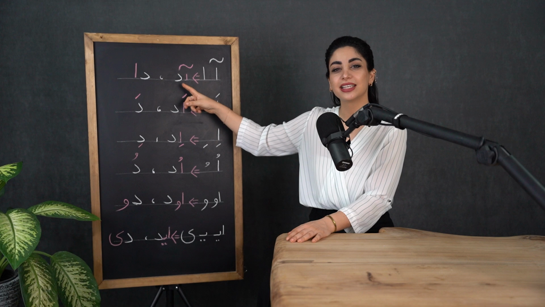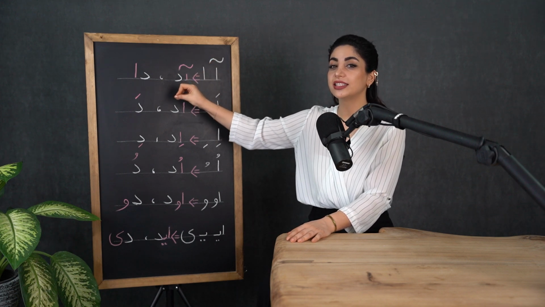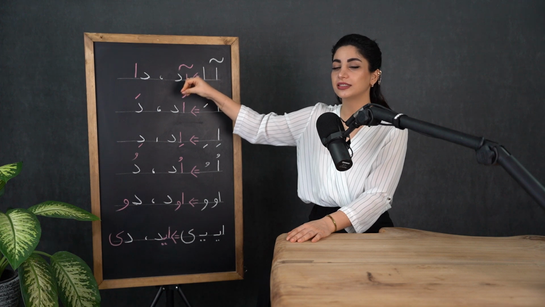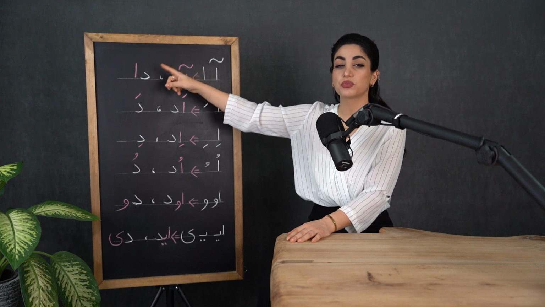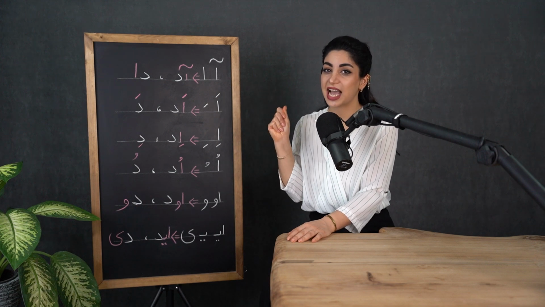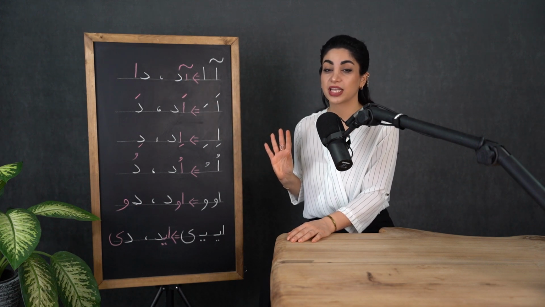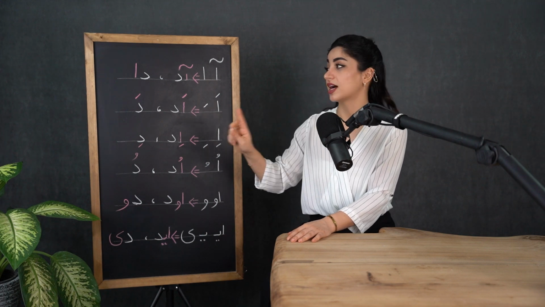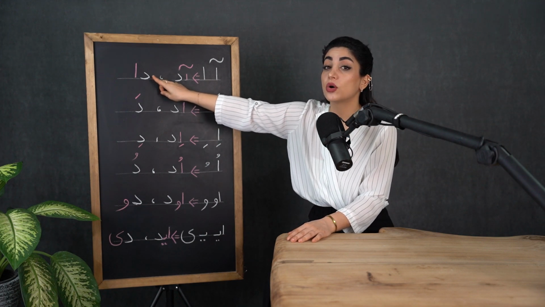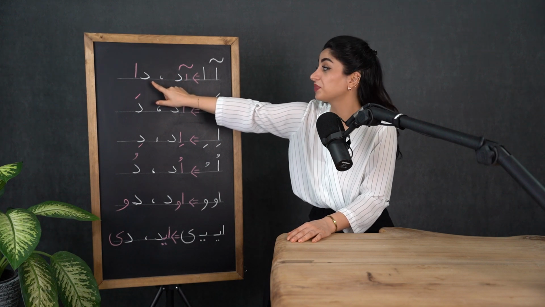A, de. Together, ad. What if this one wanted to play? Of course, this one likes to attach to things, but D doesn't want to attach to anything from one side. D comes only attached to this part.